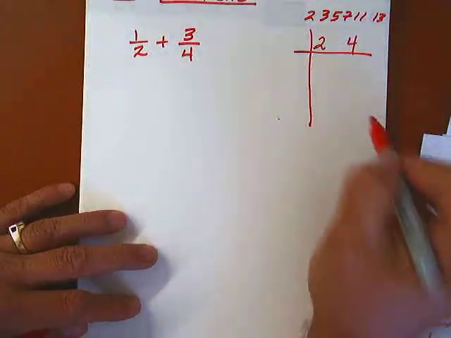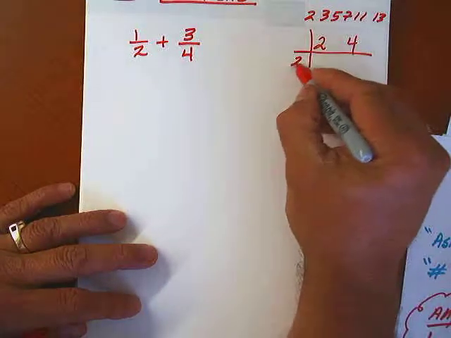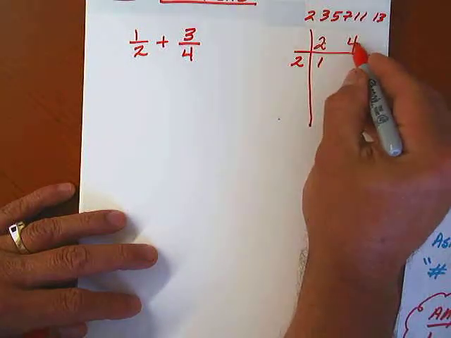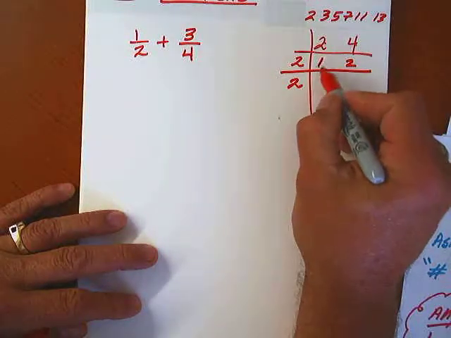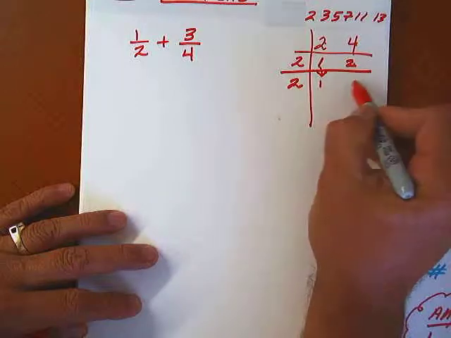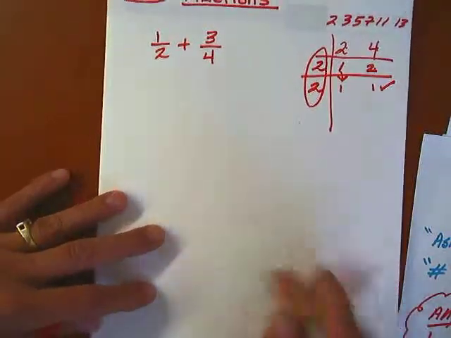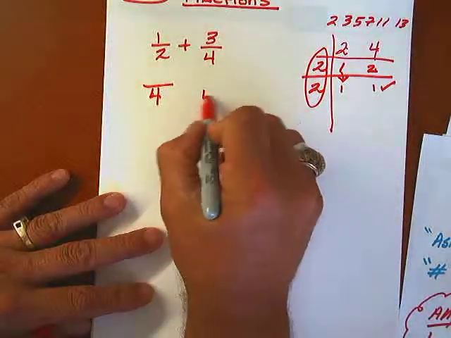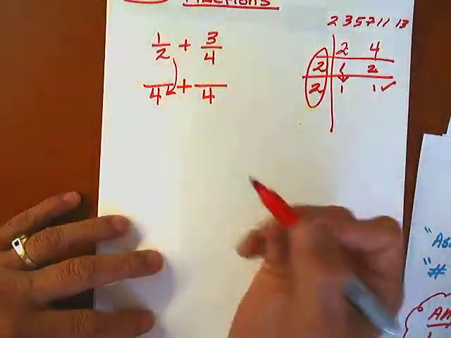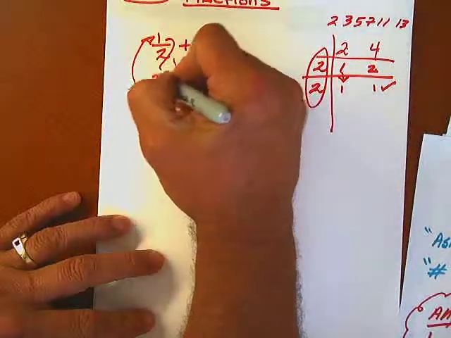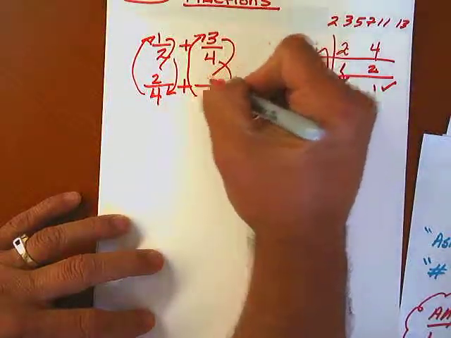The way that you find the common denominator with numbers is you put a 2 here and a 4 here, and you use 2, 3, 5, 7, 11, and sometimes 13. You use those numbers to get 1s on the bottom. When you get 1s on the bottom, then you have the common denominator. So 2 divided by 2 is 1, 4 divided by 2 is 2. 2, we got 1 that comes down, and 2 divided by 2 is 1, so we're done. And there is your common denominator. So your common denominator is 4.